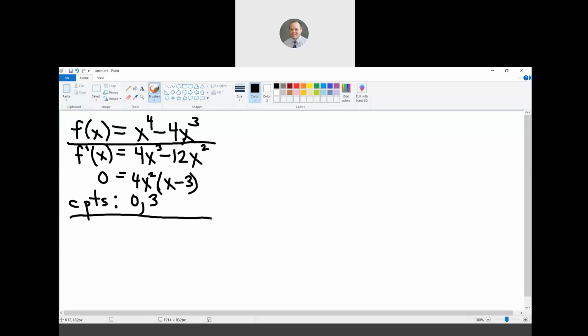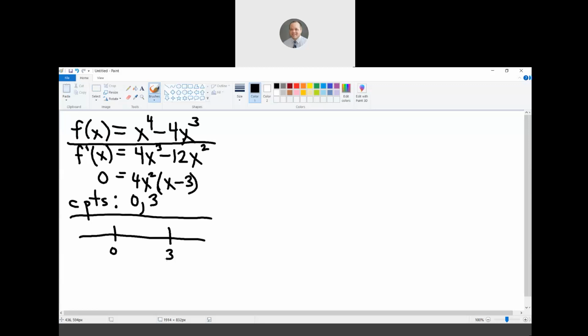Now let's plot our critical points on our number line. And our critical points split our number line into 3 intervals. So that means we need 3 test points.